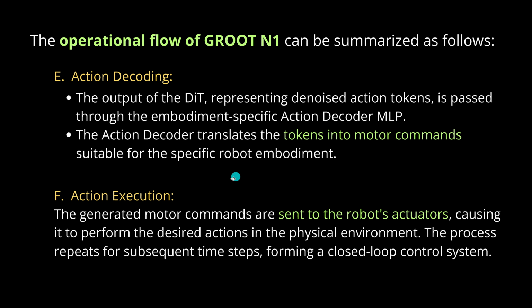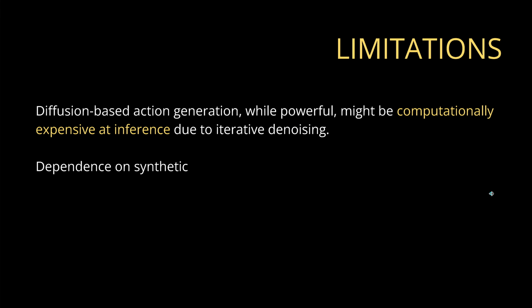And then the action execution: the generated motor commands are sent to the robot's actuators, however many actuators you have in your robotic system, causing it to perform the desired action in the real physical world, in the physical environment, and that process repeats via a closed-loop control system.